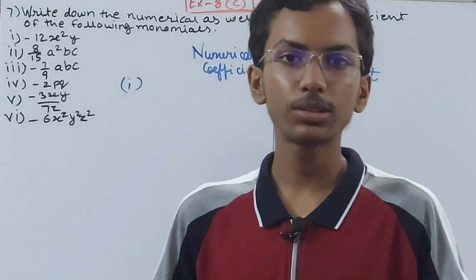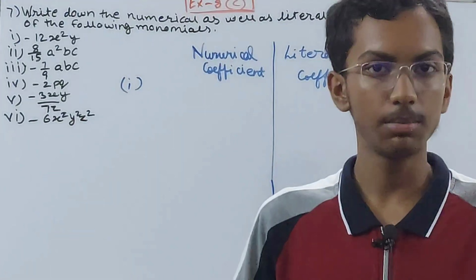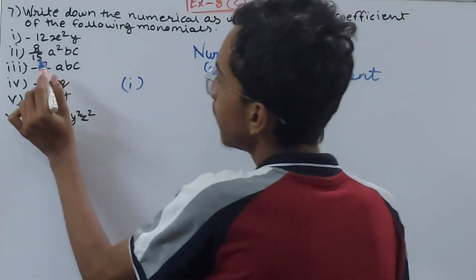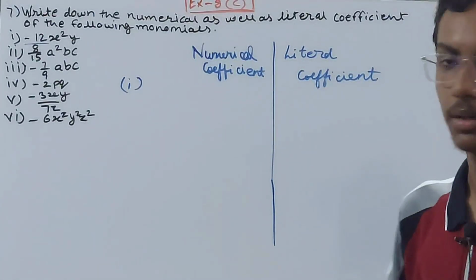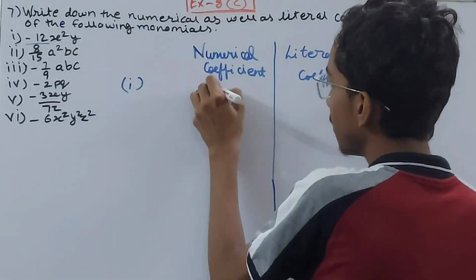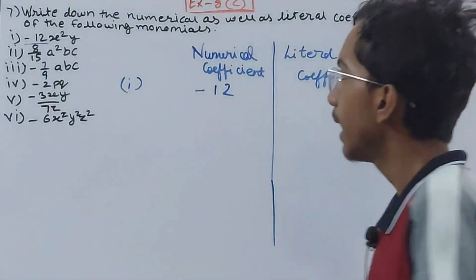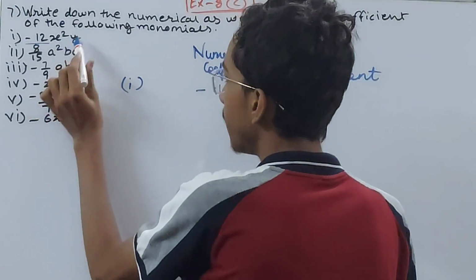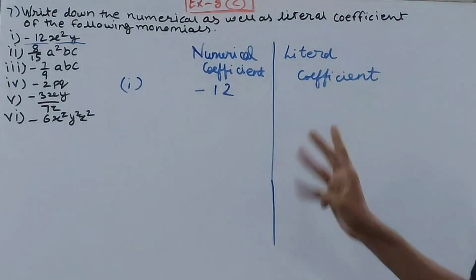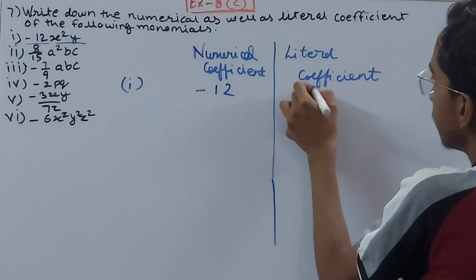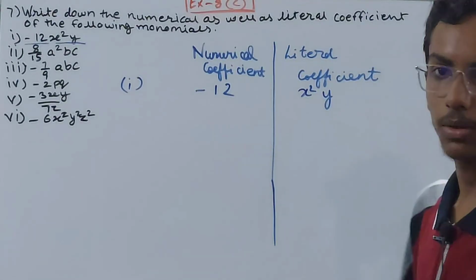Minus 12 x square y is made up of numbers also and literals, or variables rather. So you can see here minus 12, this will be in the numerical coefficient part. Write that down because whatever numbers you see, they are numerical coefficients along with their sign. And whatever is left, the variables, x square y, this will be the literal coefficient. So this is how we will be writing the coefficients.